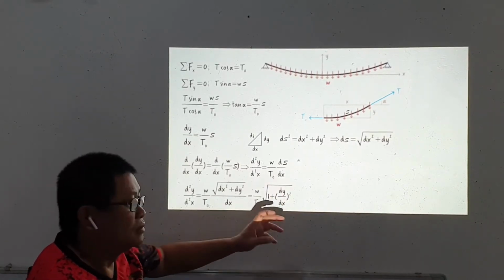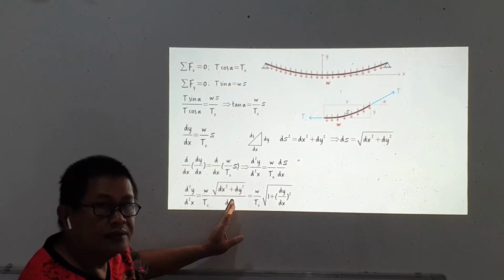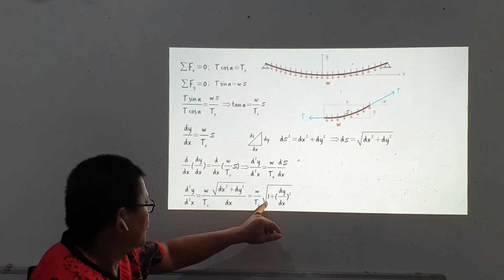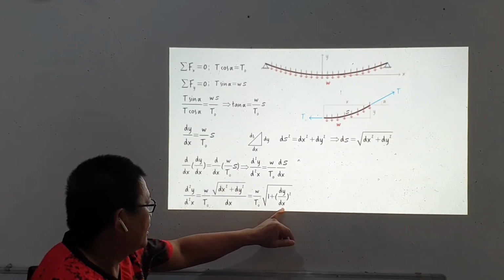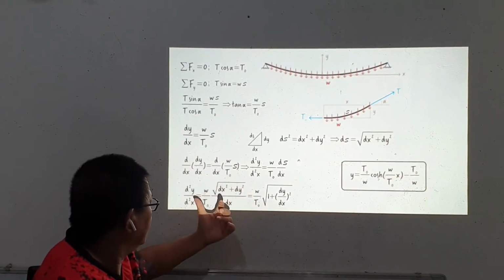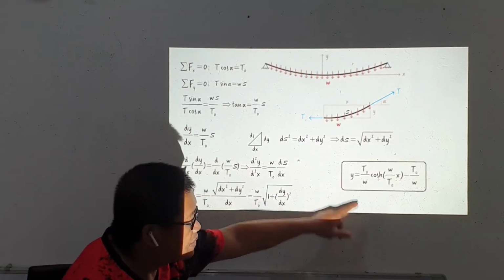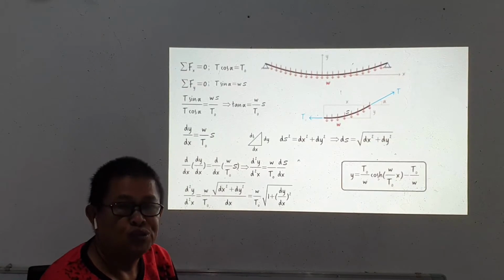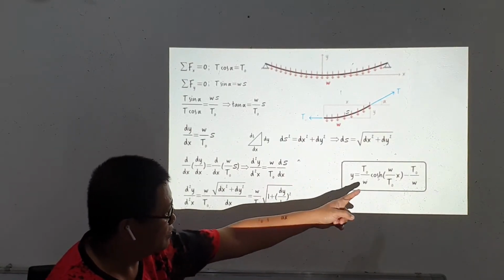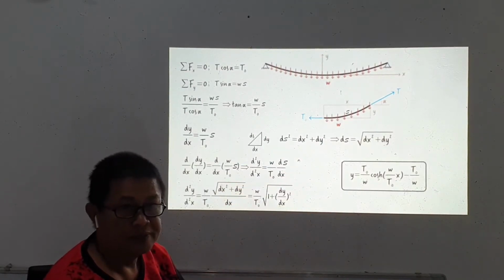And the result, you can just review this from your integral calculus. The result now is w over T sub O times the square root of 1 plus dy/dx squared. And we simply say, taking the integral of the right side gives us this transcendental equation, which is not a parabola, because the variable is not only carrying an exponent of 1.